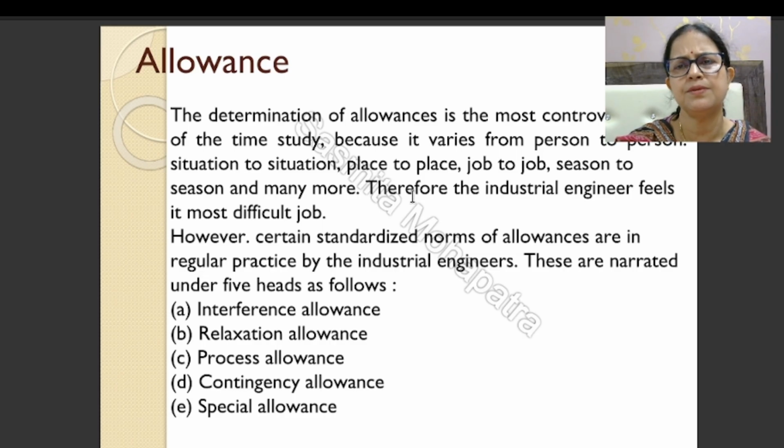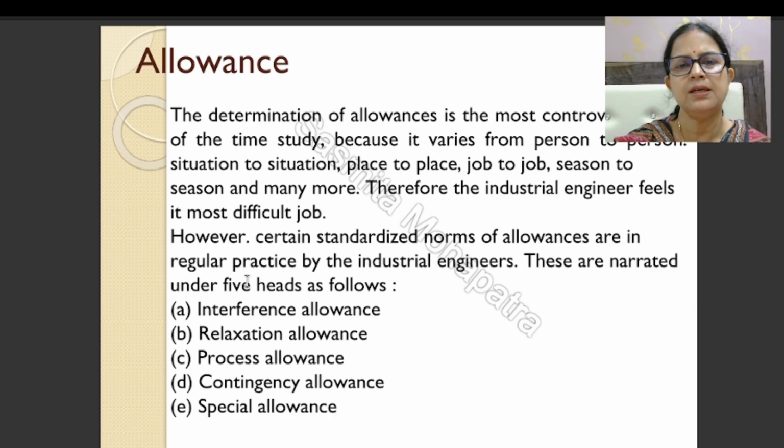Therefore the industrial engineer finds it difficult to give an allowance for a particular job. However, certain standardized norms of allowance are in regular practice by the industrial engineer.